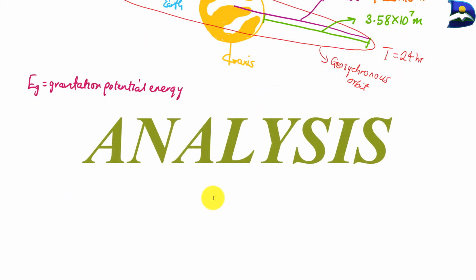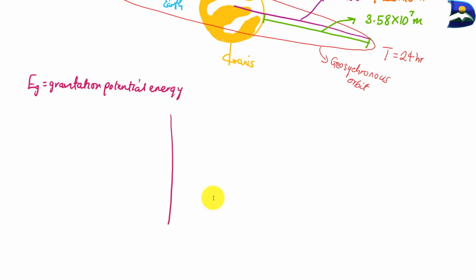Through analysis, we know that when you have a graph with relationship to the radius, we consider the y-axis to be the energy, and this energy is going to be measured using our Eg, which is the gravitational potential energy.